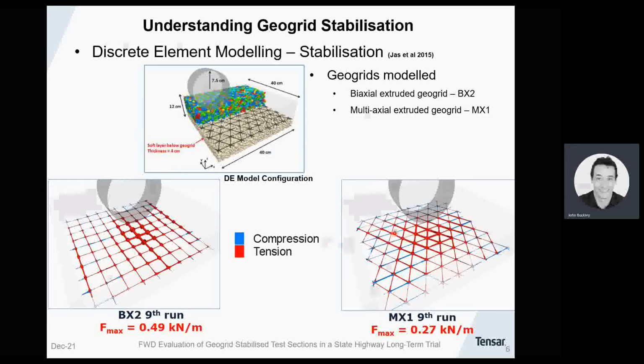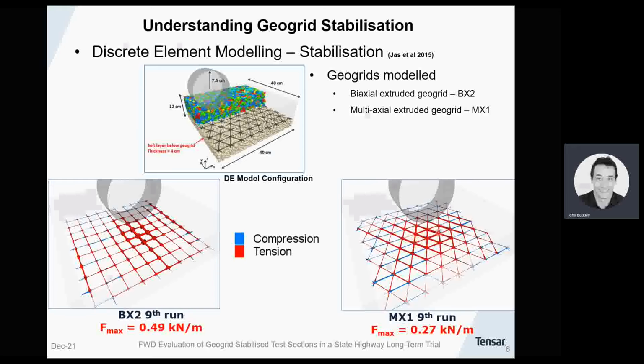On the right, there's a different kind of behaviour. You have the multi-axial geogrid response, and you can see that under the wheel load, you have these almost concentric hexagons or near circles forming directly under that wheel load. These are in tension, but the tension's dissipating the further out or the further you move away from the wheel load.